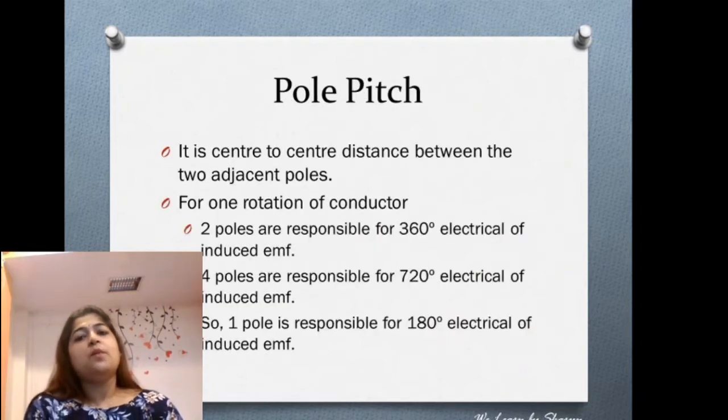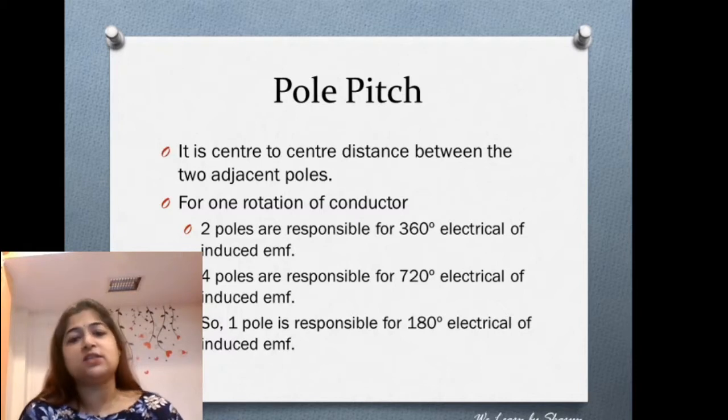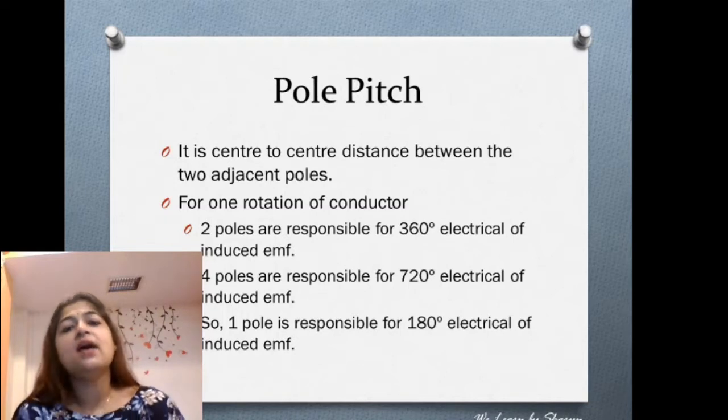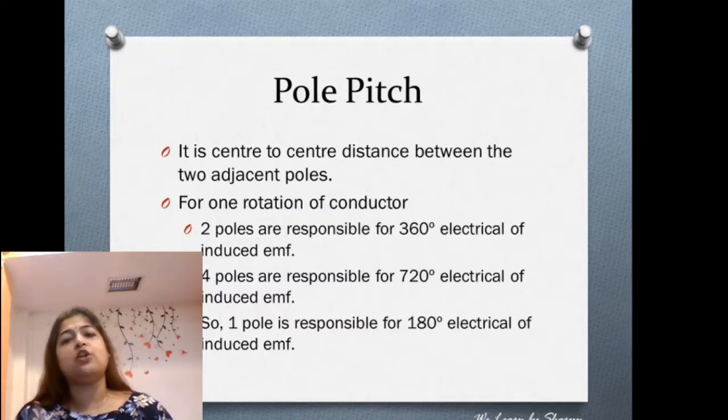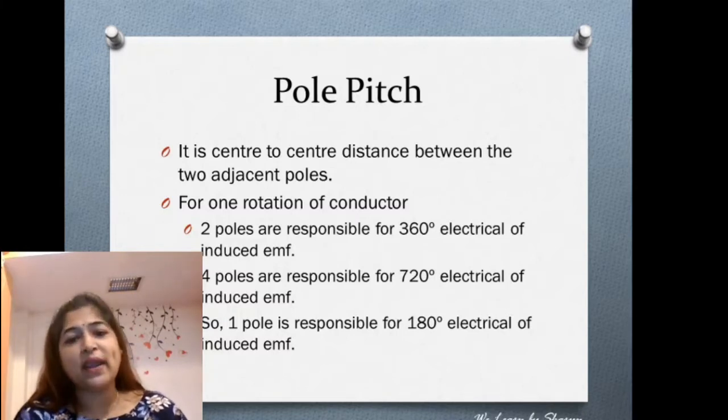Pole pitch. Now what is pole pitch? The distance between two adjacent poles is called pole pitch. This is what we discussed before as well. Now we know that to get one cycle of the EMF induced, a conductor passes two poles, right?